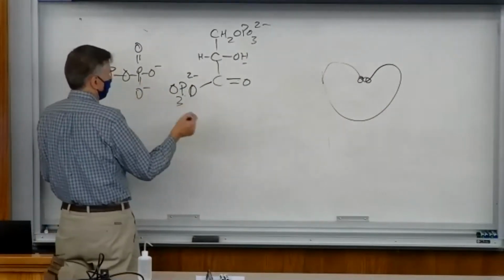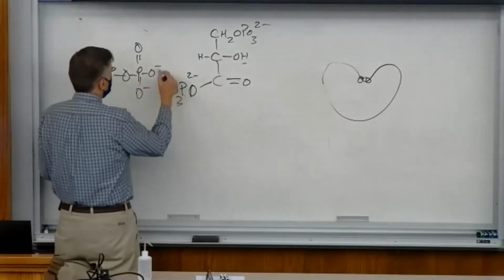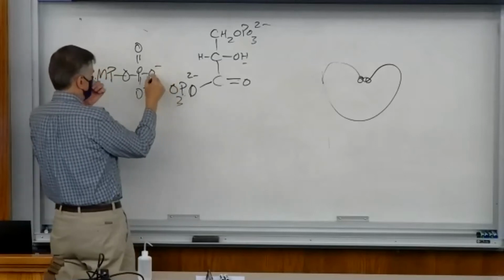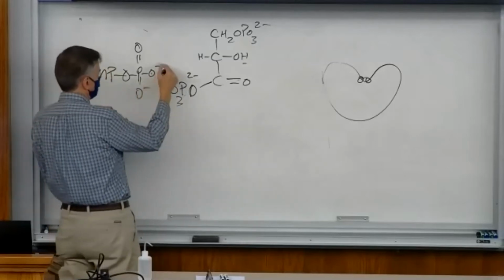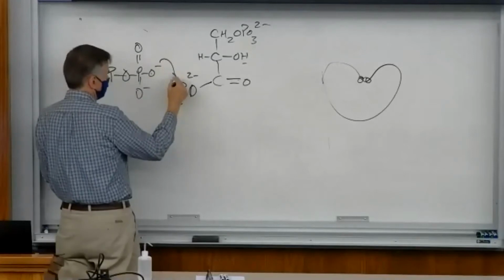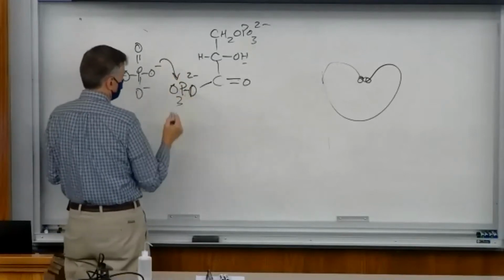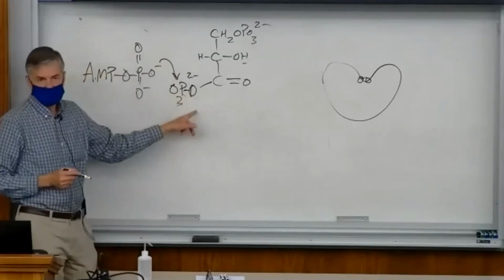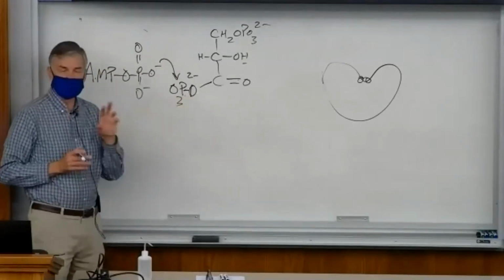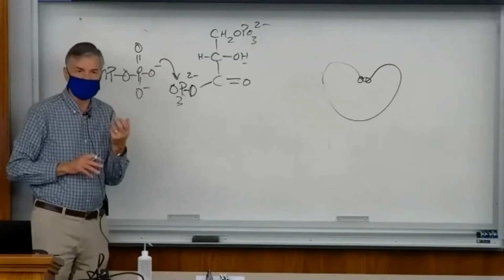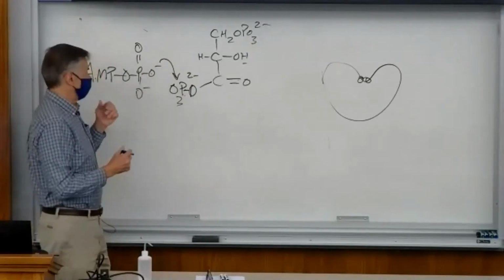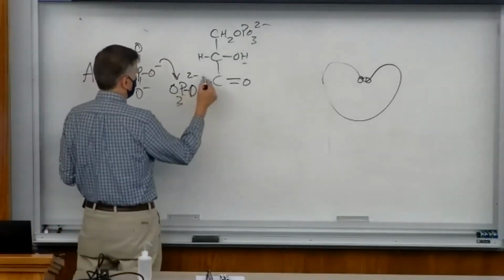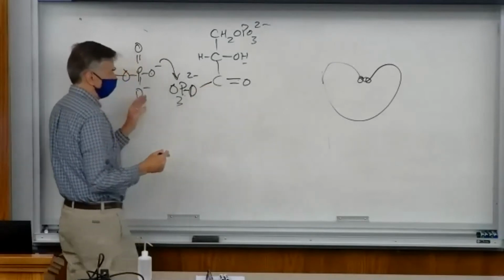In this step, then, the ADP, the phosphate here, is going to attack this one phosphate. This is now actually a reasonably good leaving group. And we are going to generate then ATP.